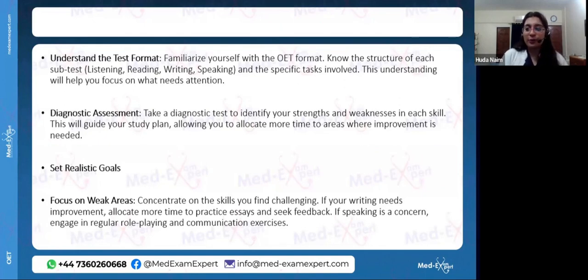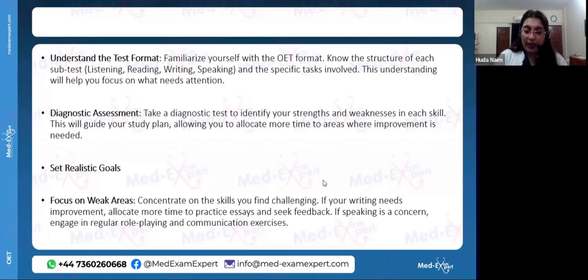Do not guilt trip yourself into taking the exam, and set a realistic goal with an adequate number of hours for preparation each day, and then plan your exam accordingly. That will really help you in combating the anxiety that you would get if you just rush through the exam. So it would always be ideal to set the date at a later time so that you can prepare well once you book the exam.